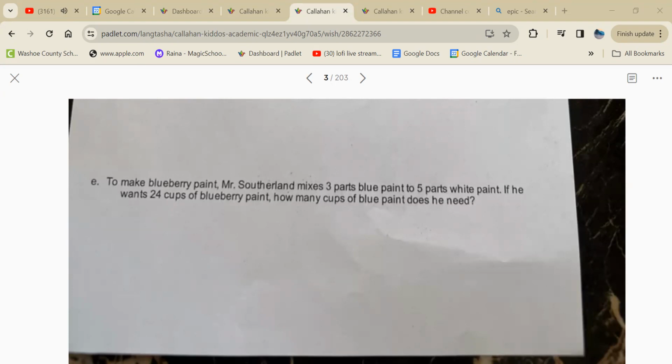I mean, 3 parts blue and 5 parts white makes paint, but how much paint? You know what I mean? So if I do blue over white, that's 3 over 5. But then I don't know how to find it though, because it doesn't say specifically. So that's okay. We're just gonna stop right now and we'll figure out later.